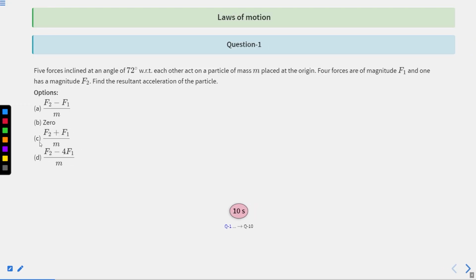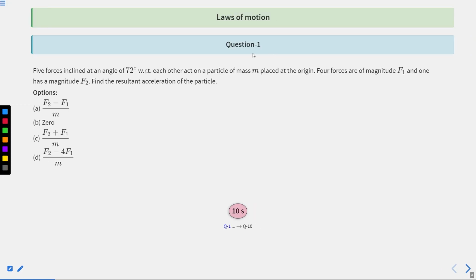So the first question, based on laws of motion: five forces inclined at an angle of 72 degrees with respect to each other act on a particle of mass m placed at the origin.